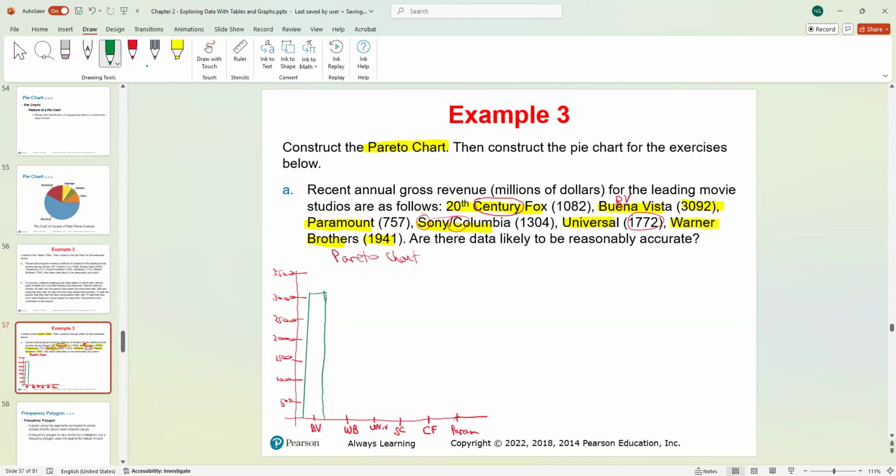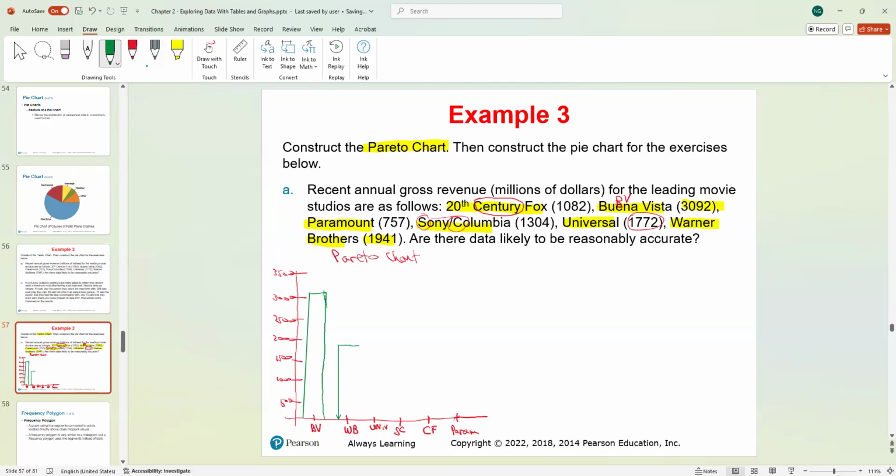Okay, sorry for this, but this is the bar I might have. The second one, Warner Brothers, goes to 1941, so less than 2000, somewhere here.